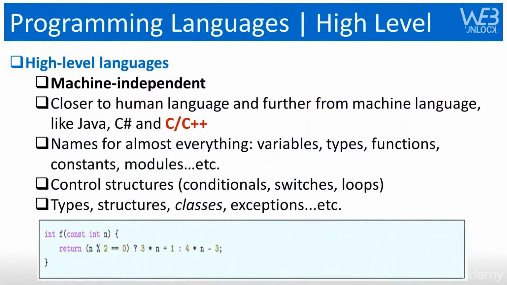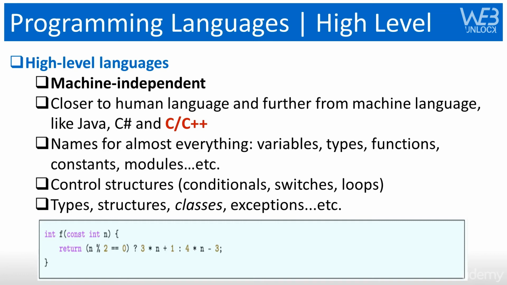Right, so moving forward, the next is called high-level languages. These are completely machine independent. They're closer to human language and further from the machine language. So examples are Java, C#, C, and C++, which are all considered high-level languages. They have names for almost everything: variable names, type names, functions, constants, etc. They also have certain control structures that allow you to do conditional coding.